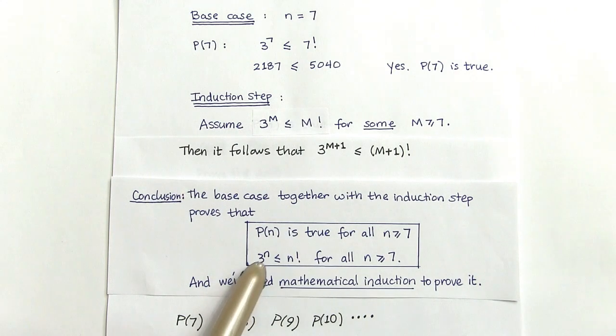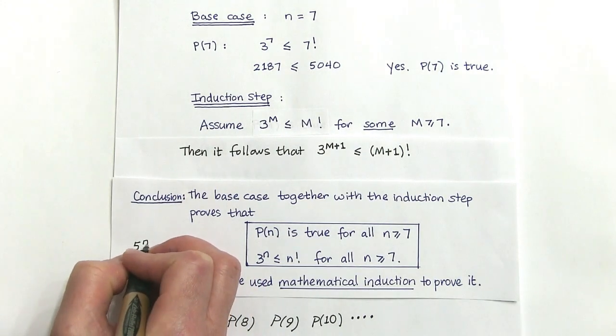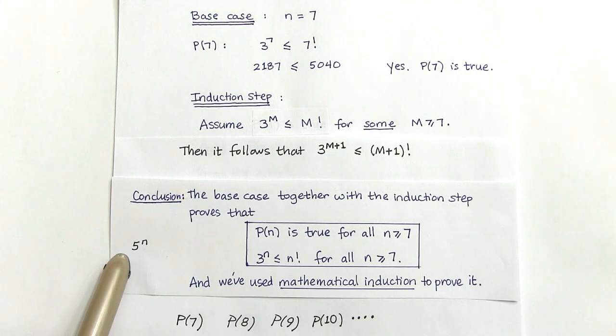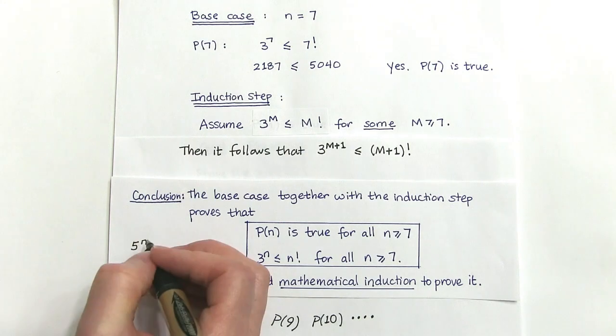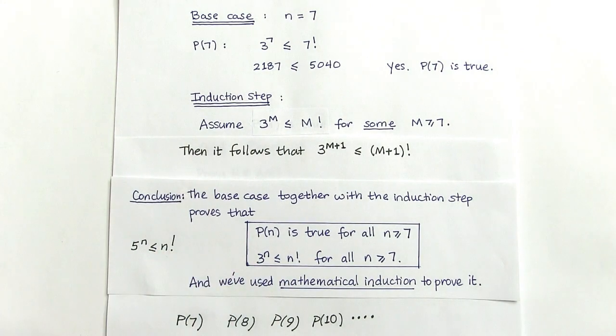If we make this base larger, let's look at 5 to the n. Making the base larger will make this exponential function grow even faster. But no matter how fast our exponential function is, the n factorial function will be even faster than that.